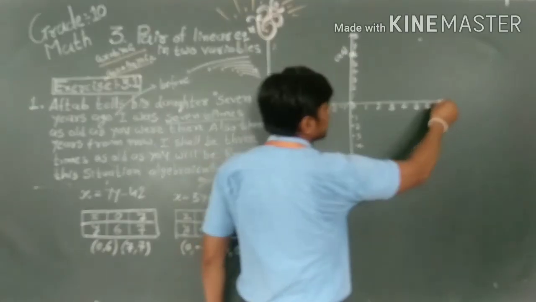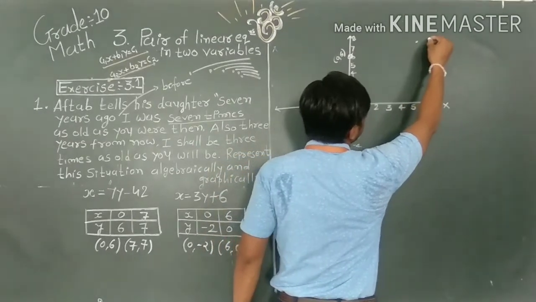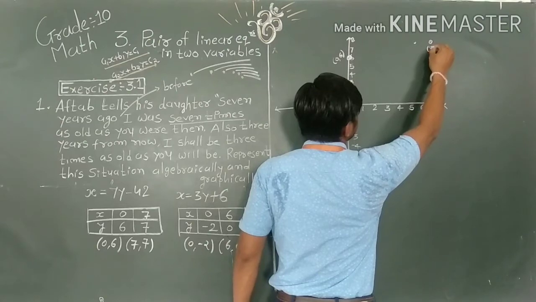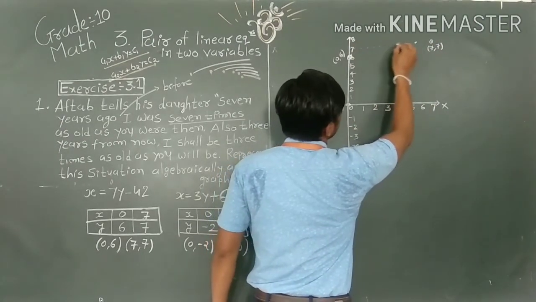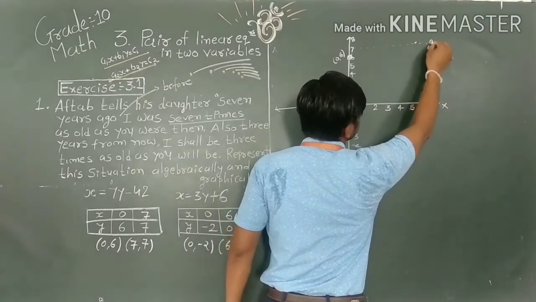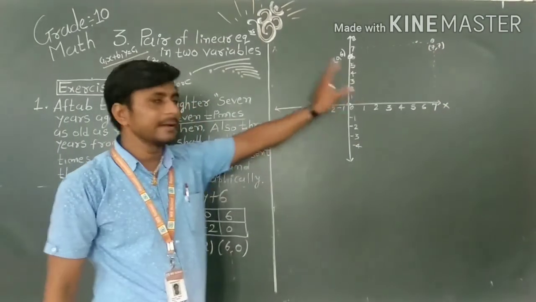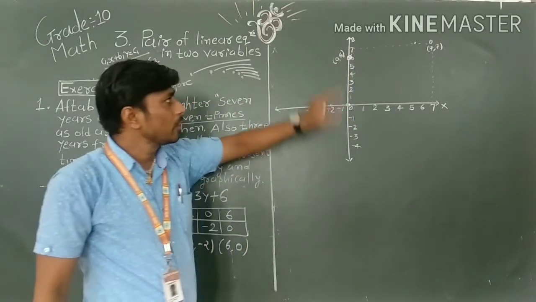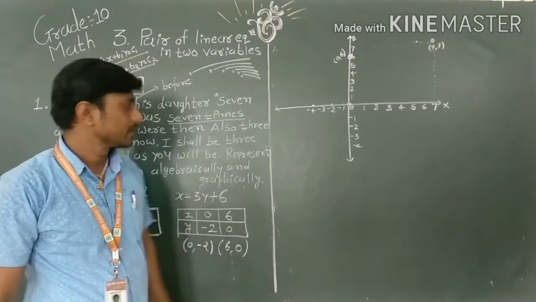Suppose the intersection of 7 and 7 is here. This is the point (7, 7). Approximately, because this is a rough graph. If you plot all these points on an actual graph, it becomes very good.